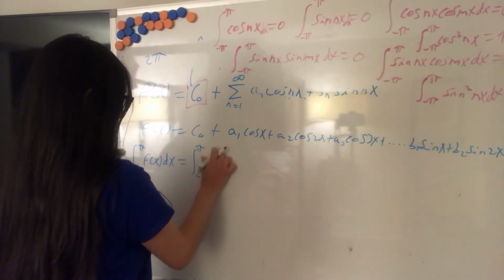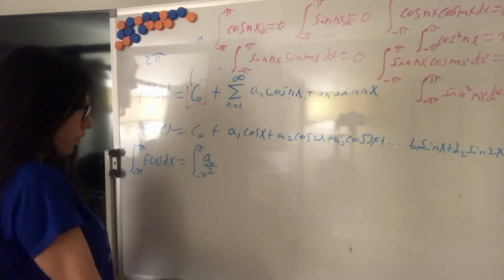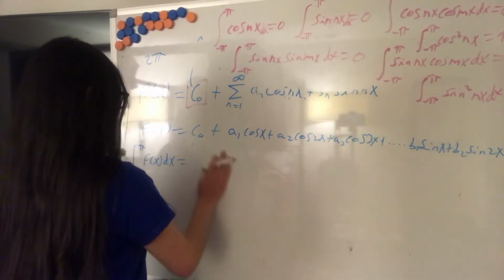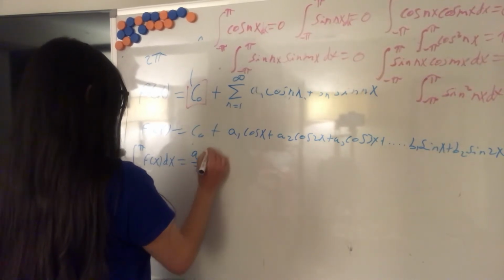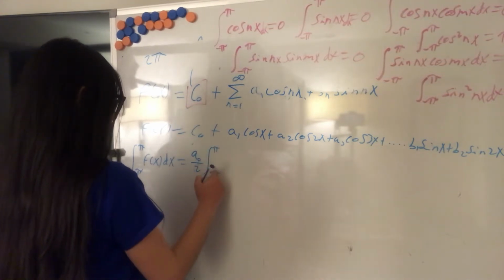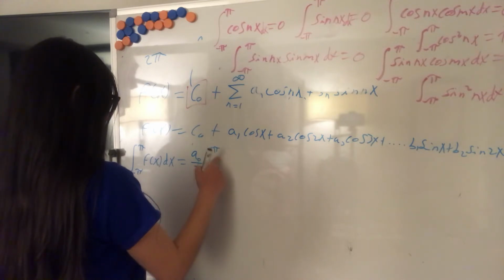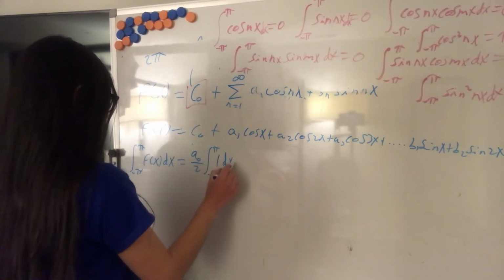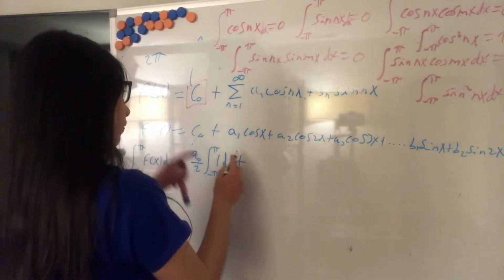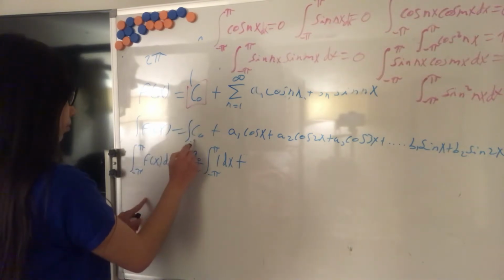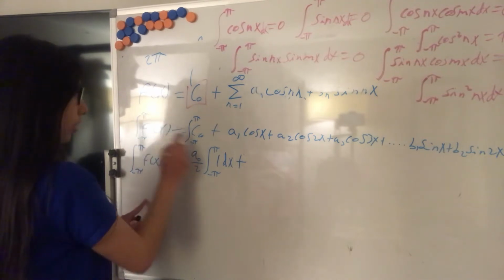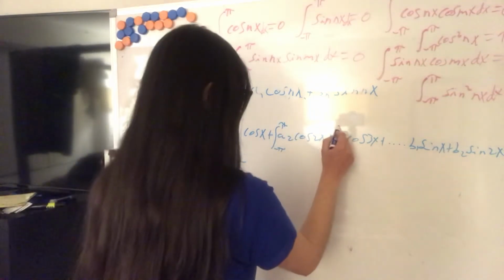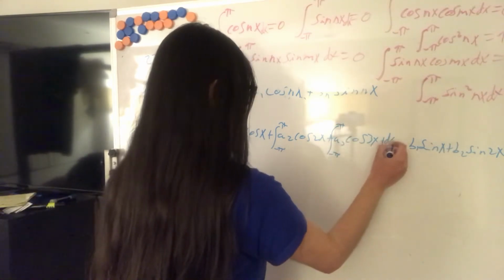I could put it as c naught or as a sub 0 over 2, but you know that this is just a constant, so I can take it out, and this would be just a sub 0 divided by 2 times the defined integral from minus pi to pi of 1 dx, plus the defined integral from minus pi to pi, and here is just the same for each one of these terms, and dx.